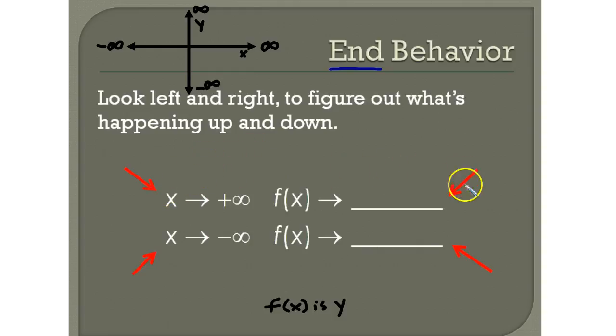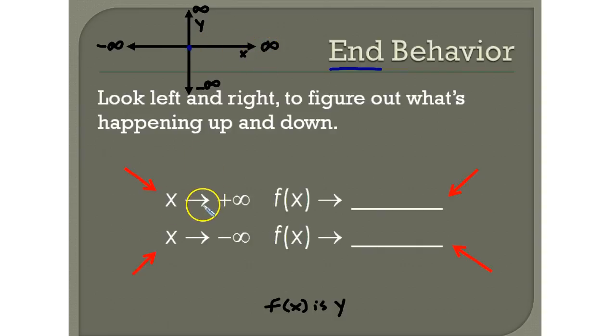You have to get used to writing end behavior in this manner. So this is like the mathematical way to say x arrow positive infinity, f of x arrow something, x arrow negative infinity, f of x arrow something. This is our technical way to say as x approaches positive infinity. Well, if you look at the coordinate plane, x approaching positive infinity is on the right.